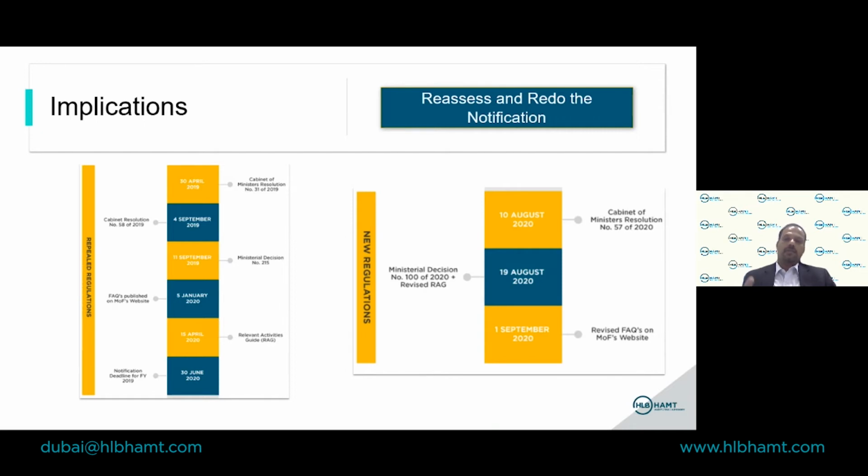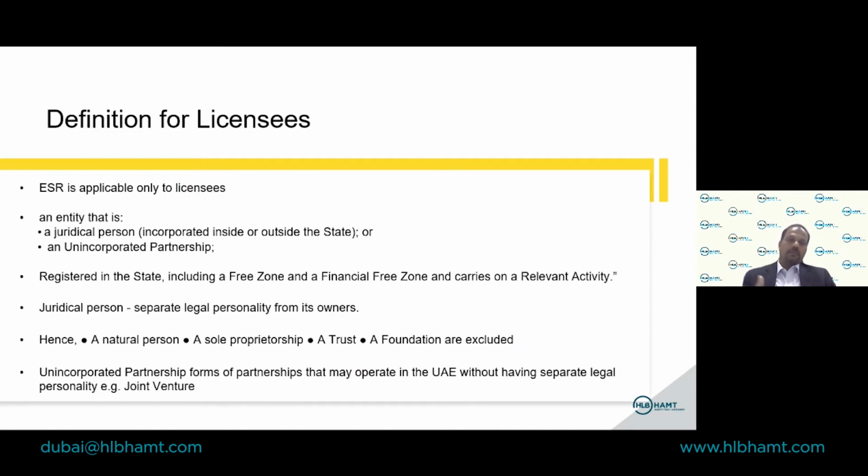All of these are already available on the portal of the Ministry of Finance. Cabinet Ministerial Resolution 57 of 2020 talks about the basic law of the ESR now, which replaces the earlier resolution of 2019. And they have amended the frequently asked questions, which are also published on the website now. So that was the earlier slide.